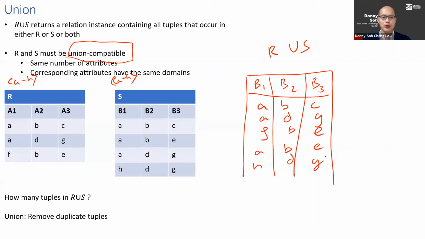So what do you notice about this? Whenever we do the union, this and this are the same, and so when we do the union, it doesn't get repeated. This and this are also the same, so again, it doesn't get repeated.